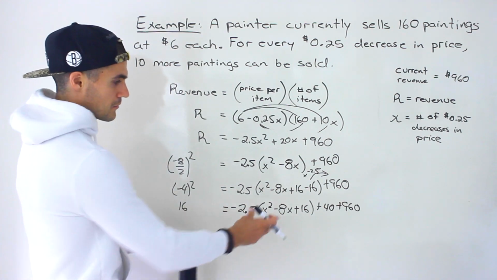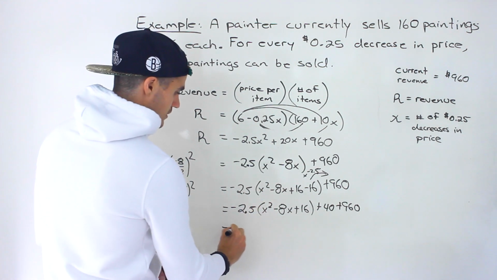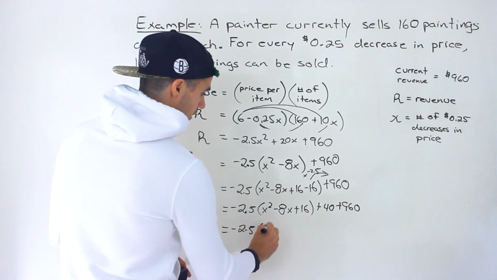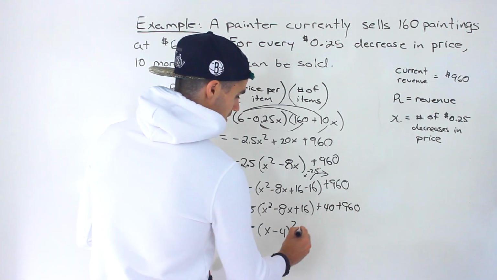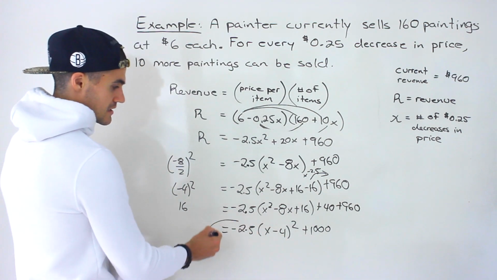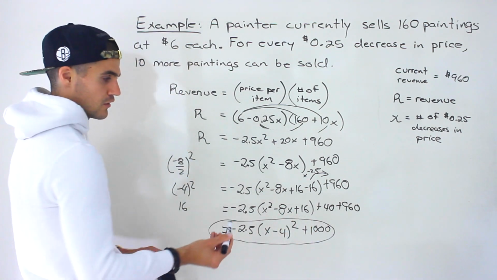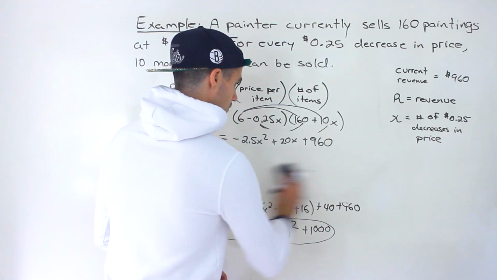And then remember, this is always going to be a perfect square trinomial. And so that's going to end up factoring into x minus 4 squared, and then 40 plus 960 would give us 1,000. And so this ends up being the vertex form for that same revenue function. So let me actually write it up here.